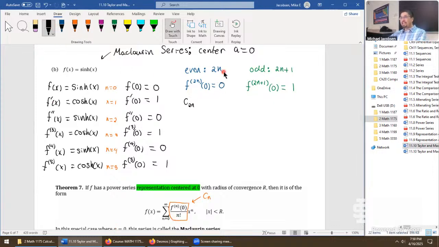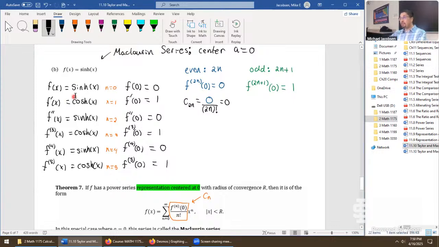But if we're indexing at 2n, we're talking about C at 2n. C at 2n is going to be 0 divided by, not n factorial, we use the index that we stated. It's divided by 2n factorial. That's always a 0 no matter what.